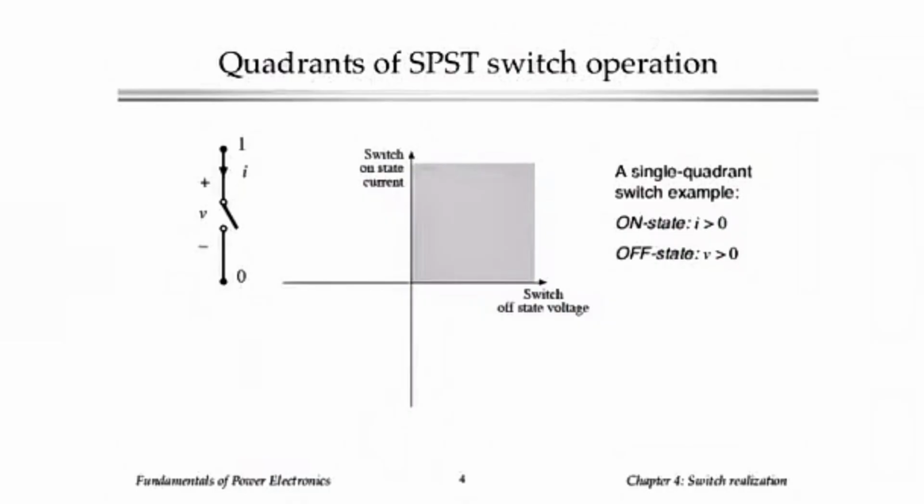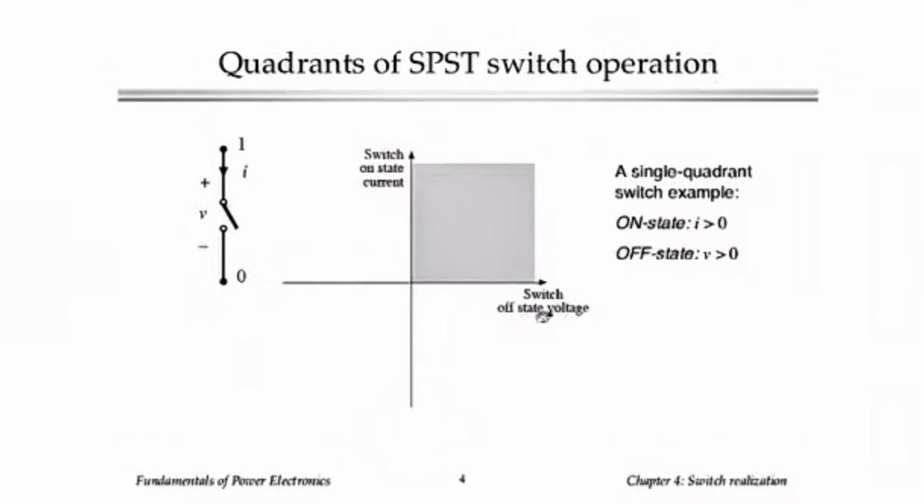We also need to talk about switches with respect to how many quadrants of operation they have to work with. So here we have a single quadrant switch example. The horizontal axis is the offset voltage imposed on the switch by the converter when the switch is turned off. We also call this the blocking voltage, or how much voltage the switch has to block when it's off.